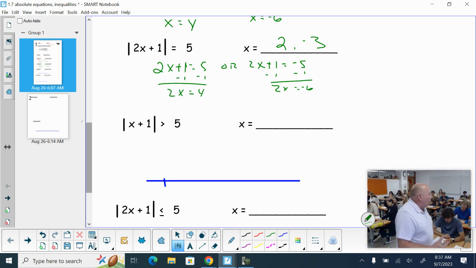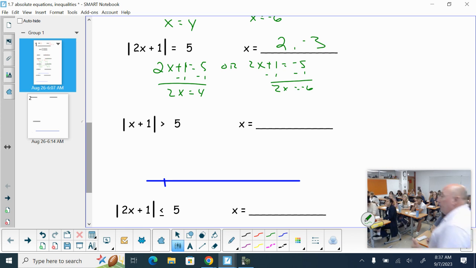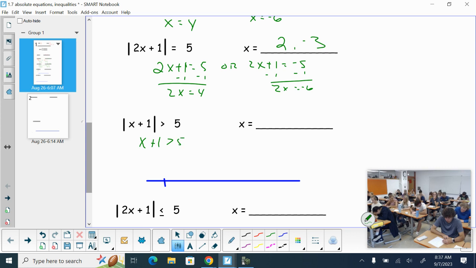So our first inequality, we could just drop our absolute value signs and rewrite. Life doesn't change. Everything is similar to what we just did up top when we had equality. We now just have our inequality.